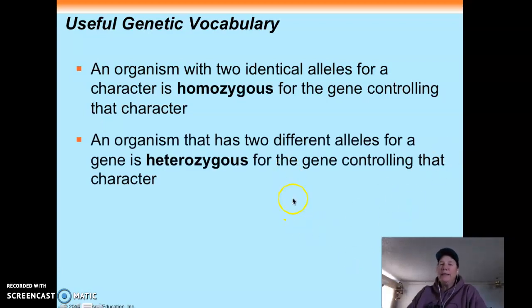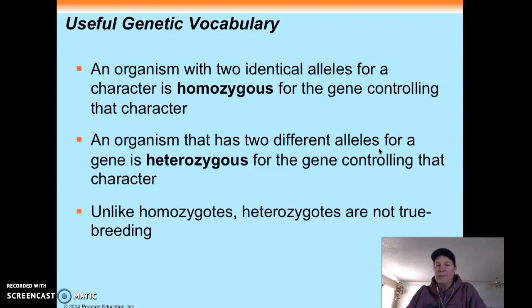If you have two different alleles, like a big P and a little p, or a big B and a little b, then you're heterozygous. Hetero means different. So you have different alleles for the gene.